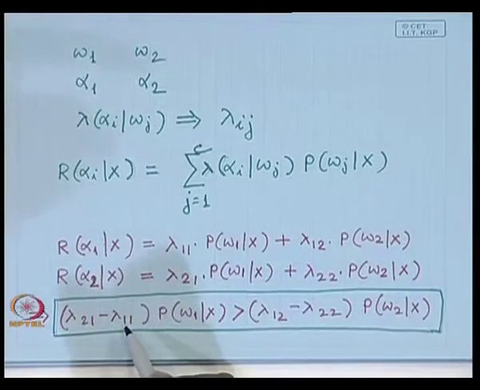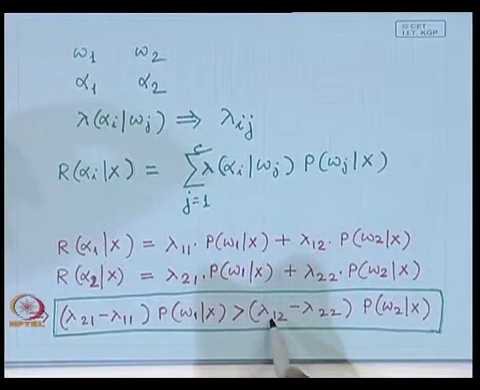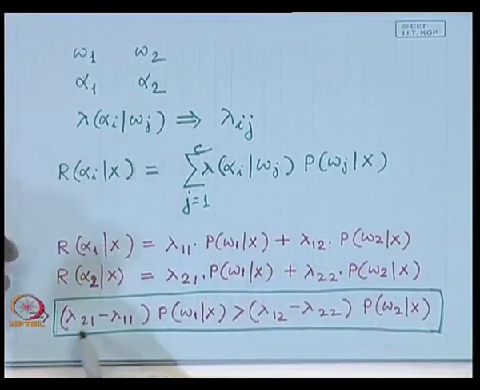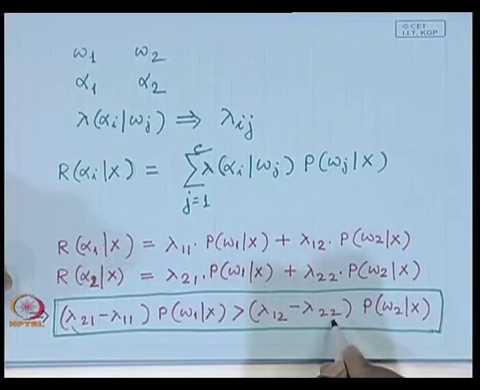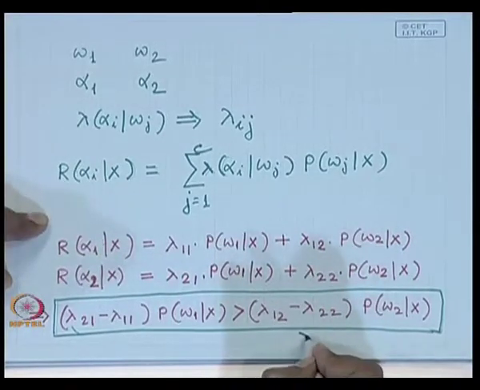Ideally, this should be equal to 0, because the action is correct. Similarly, lambda 1 2 is much greater than lambda 2 2, because this is the loss incurred for taking wrong decision, whereas lambda 2 2 is the loss incurred for taking a correct decision. So, both lambda 2 1 minus lambda 1 1 and lambda 1 2 minus lambda 2 2 will be positive, or greater than 0.